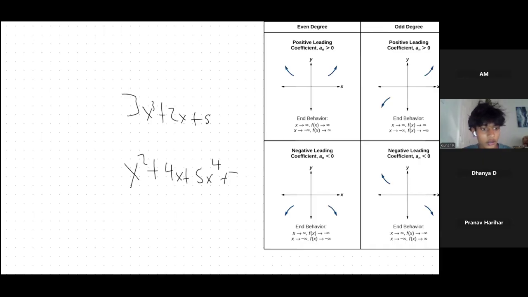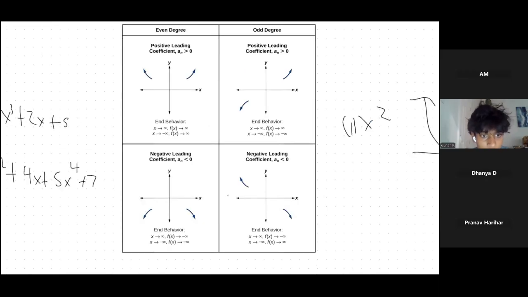Just go ahead and say it out loud or put it in the chat. Yeah, correct. The leading coefficient is going to be 5. And that's because even though it starts with x squared, which would have a leading coefficient of 1, since degree 4 is the highest in this equation, 5 is going to be our leading coefficient.